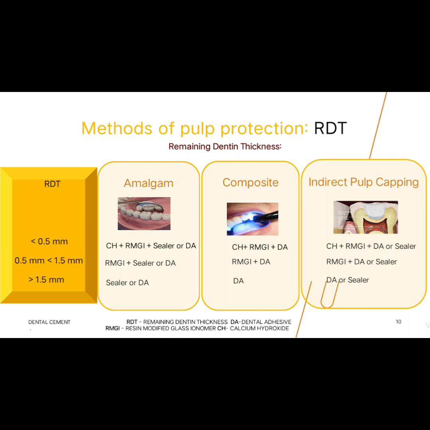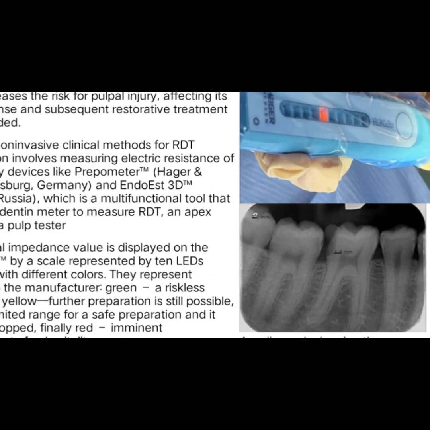Okay, it is covered by enamel on the crown region and cementum in the root region. Okay, that is dentine. So what is remaining dentine thickness? Remaining dentine thickness is the amount of dentine that is left from the floor of the tooth preparation to the pulp chamber. Okay, so that you can see in the radiograph shown here.